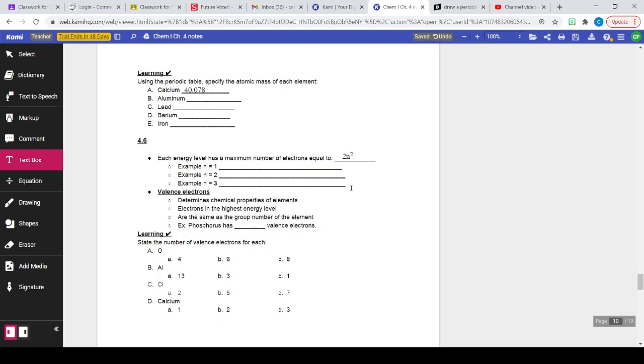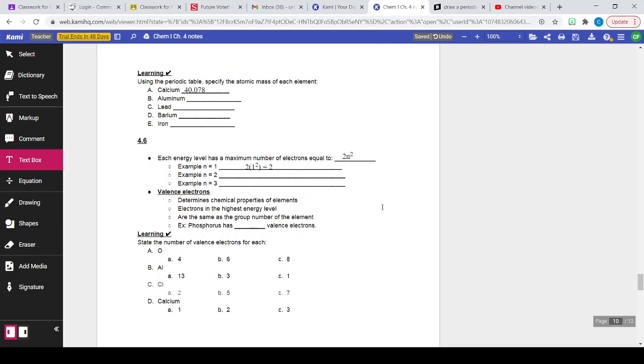So if you're in energy level 1, that first circle, you're going to have 2 times 1 squared. And 1 squared is 1 times 1, which is 1, and then multiply that by the 2, and that is going to be equal to 2.